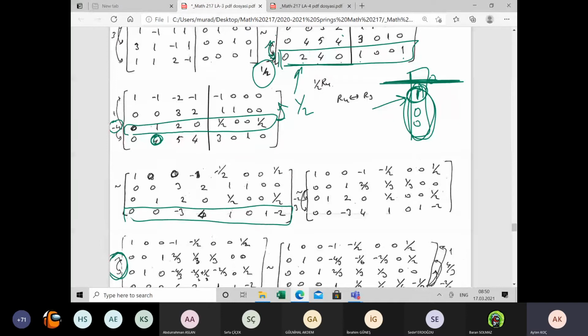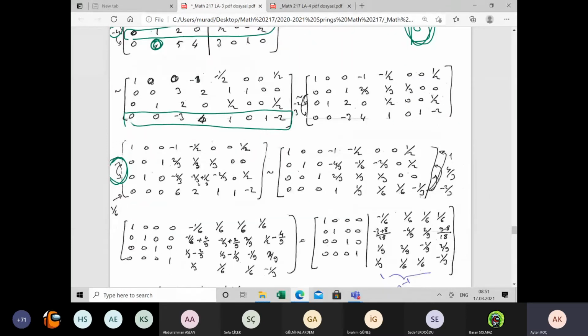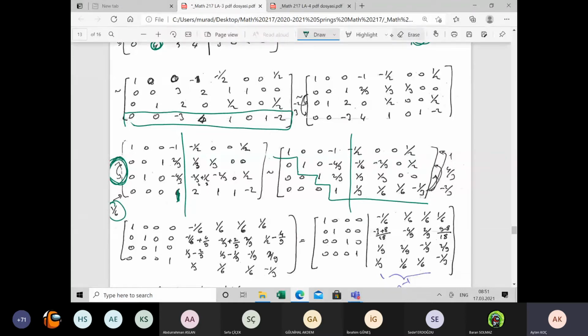This one is not reduced row echelon form, and for example we get this one. Our aim next is to get 1 and to get this shape. Interchange rows, then multiply 1 over 6, and take the last row, multiply by this scalar, and then we obtain this one.